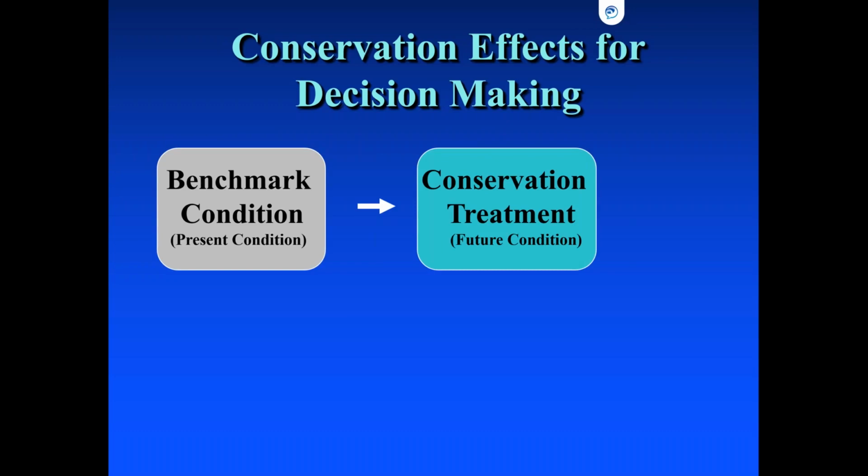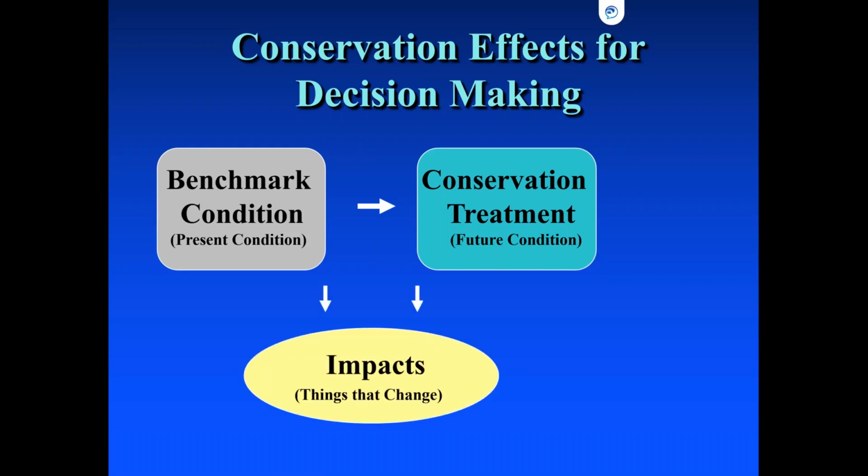Okay, so we take what we have now in our inventory, and we compare it to what we want it to be in the future. The decision maker will use their own values to decide the impacts, whether they're good or bad in regards to meeting their own goals and objectives, okay? The T chart that we're going to look at: the impacts, their goals and objectives, how is this from the benchmark to the treatment going to affect them?